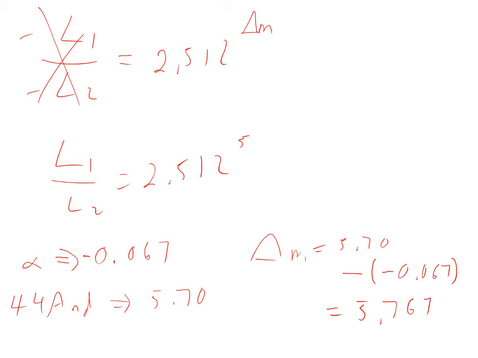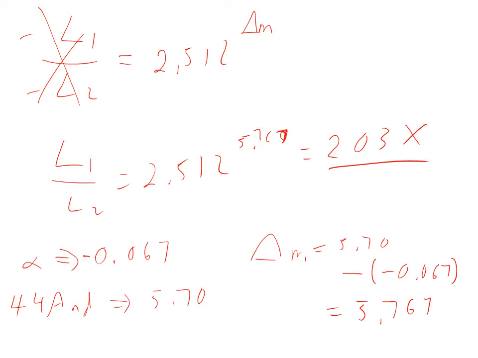So the exponent is 5.767. How do you raise something to the 5.767 power? Well, there's a button for it in a calculator. You do 2.512 raised to the 5.767, and the answer is 203 times brighter.